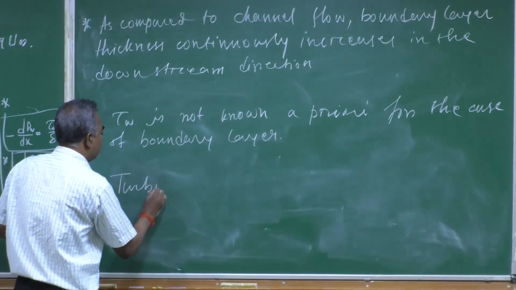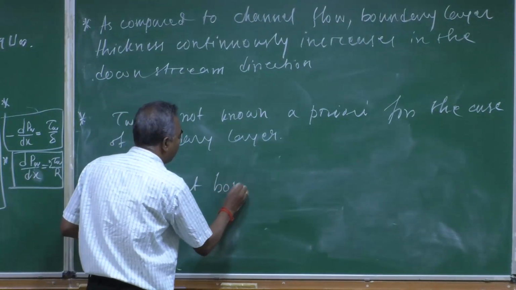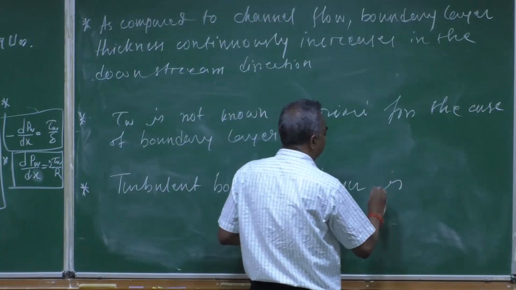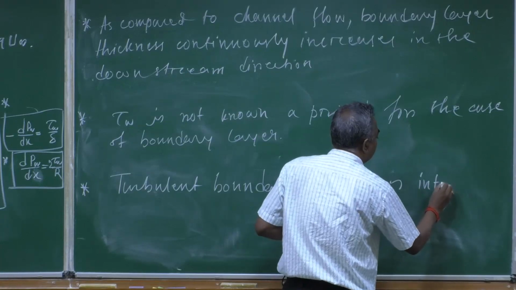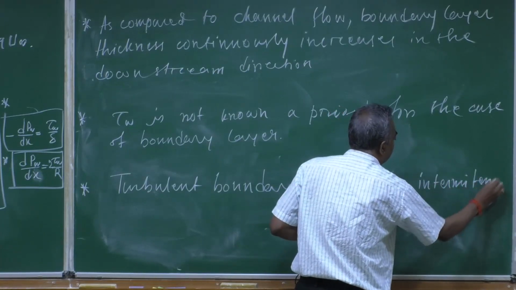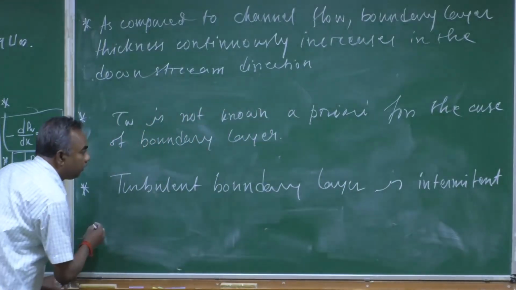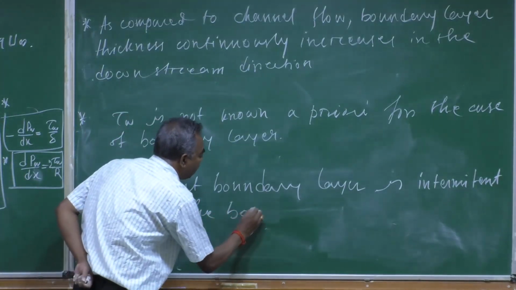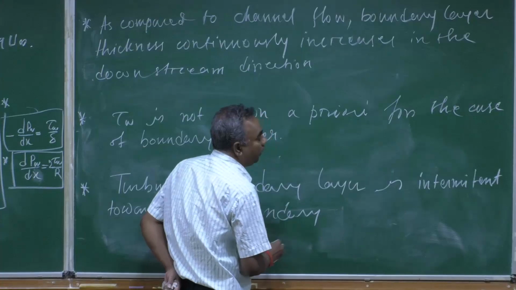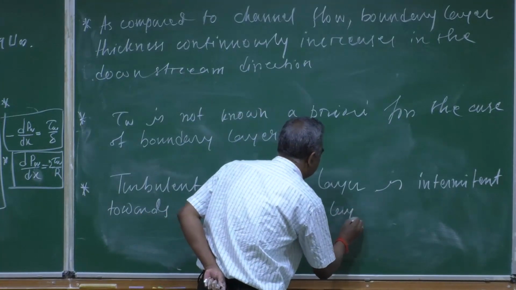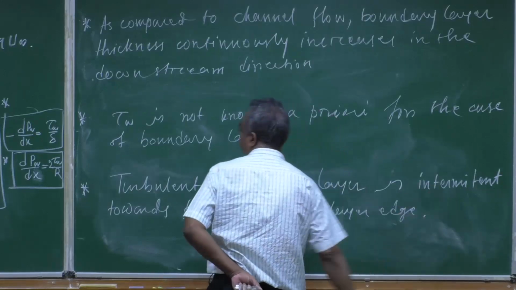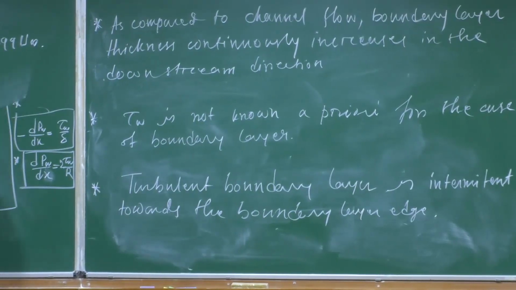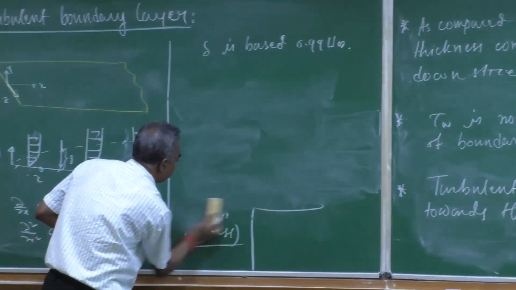The turbulent boundary layer is intermittent towards the outer side.